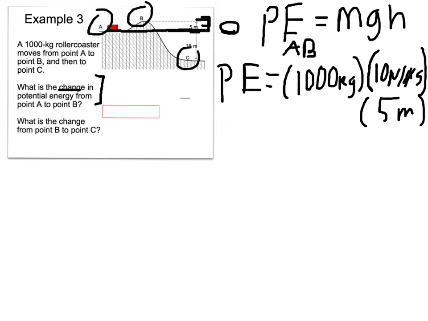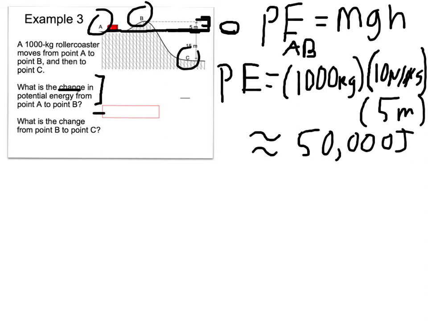So 1,000 times 10 is 10,000, times 5 is 50,000, so my potential energy is about 50,000 joules. And for those of you keeping score at home, if you use 9.81, you got 49,050 joules from A to B. Okay, now let's look at the next part.